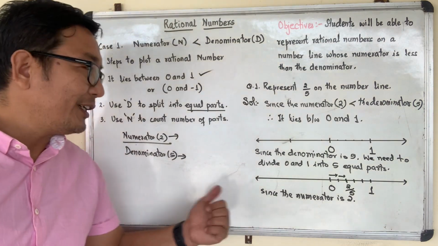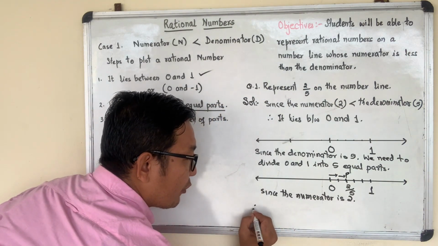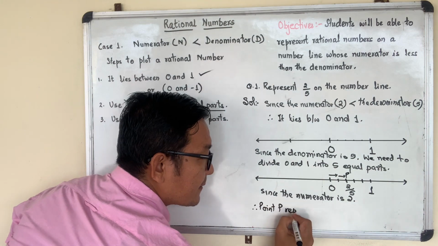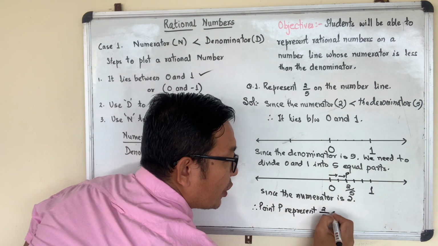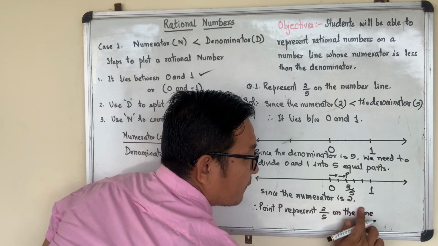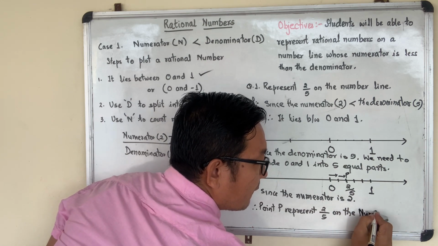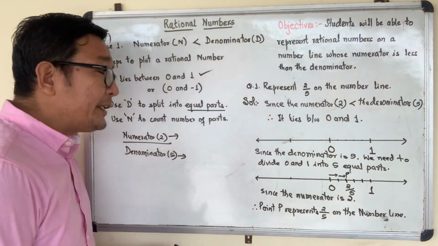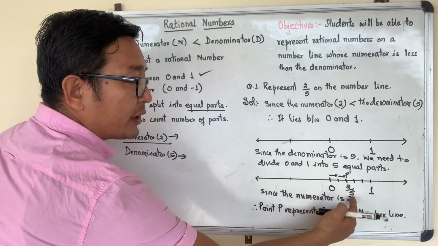Therefore, point P represents 2 by 5 on the number line.